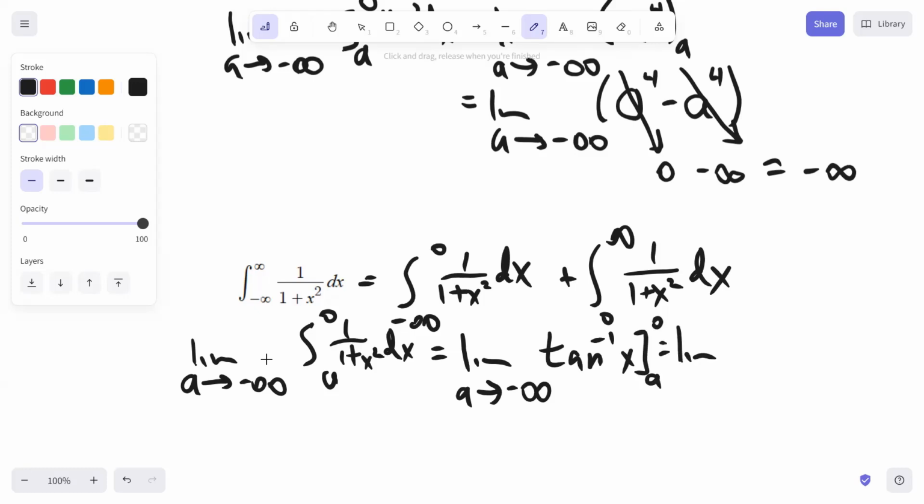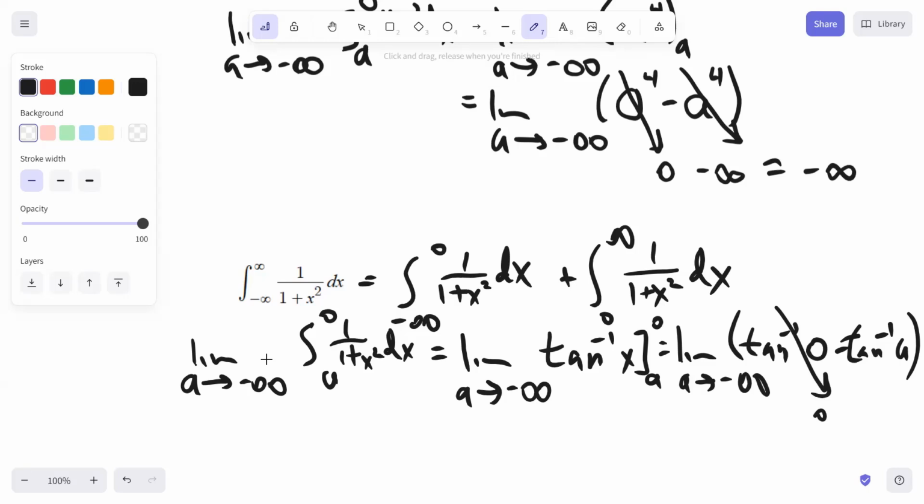So this is the limit as a approaches negative infinity of tangent inverse of 0 minus tangent inverse of a. Tangent inverse of 0 is 0.